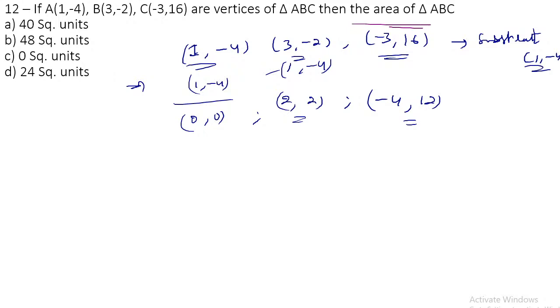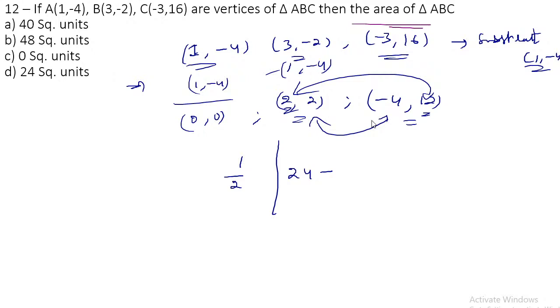Now to find the area of the triangle, 1/2 into the product of extremes, 2 into 12 is 24, minus the product of means, which is -8.